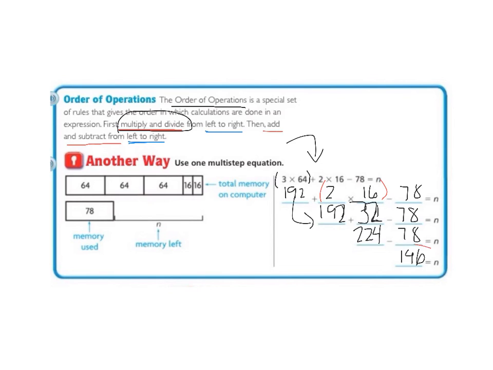So I get the same answer as before, but instead of doing it step by step, I wrote it in one big equation. That works, I just need to know, when I have all these numbers, what order do I do them in? And we look to the order of operations to tell us what comes first.